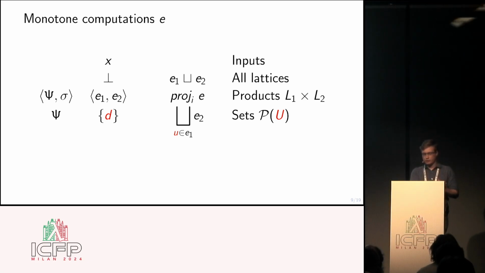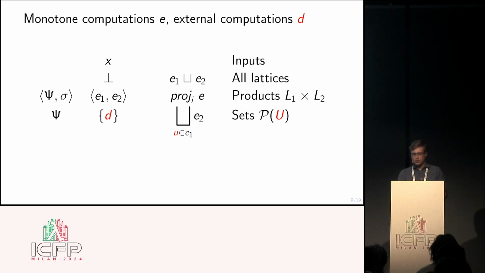the set of configurations. And an interesting thing that happens here is I have this red D. In order to enforce monotonicity, this element D is not allowed to change as the input changes. That would break monotonicity. So this is kind of like an external computation that can't refer to x. And in the big join, we can bind a variable that refers to these external values, u.